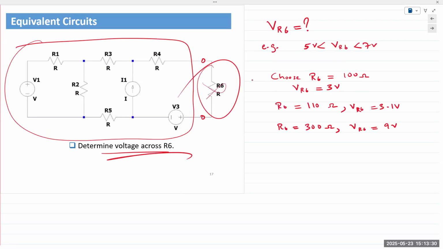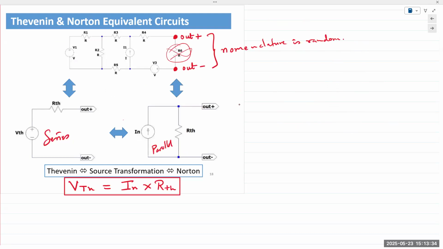Right, R6 is separate, and you determine everything else. So R6 would be here. Everything else is reduced to a single current source or a voltage source, but R6 is not part of the analysis.